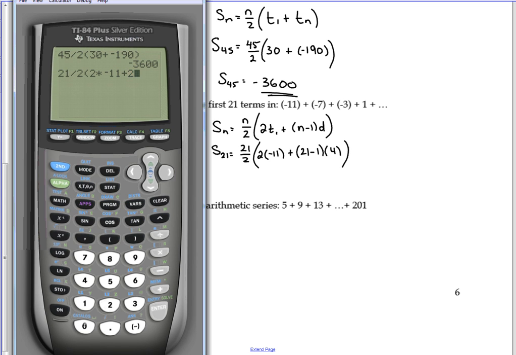It's 20 times 4. If you want to put brackets and go to 21 minus 1 and then times 4, you're welcome to, but you don't have to. And then enter. So I could have also entered bracket 21 minus 1 times 4, like that. 609.